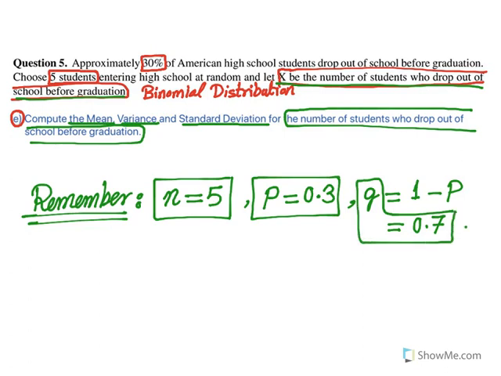And that's all what we need in order to compute the mean, the variance, and the standard deviation. There are formulas for them, and they are very simple formulas. But before I go to the next page, just remember these 3 numbers here, because we're going to use them when we solve the mean, variance, and standard deviation.